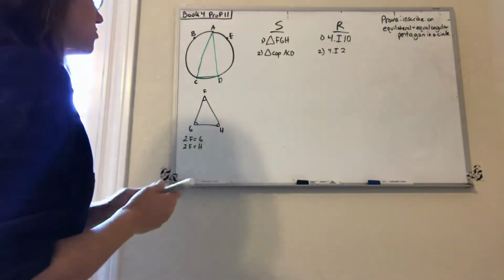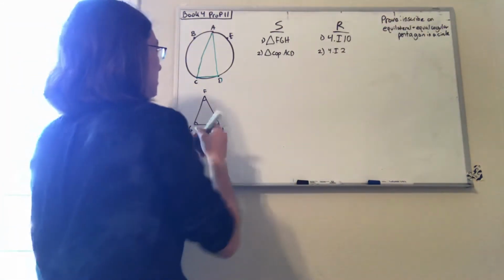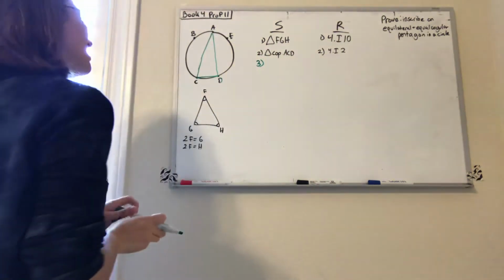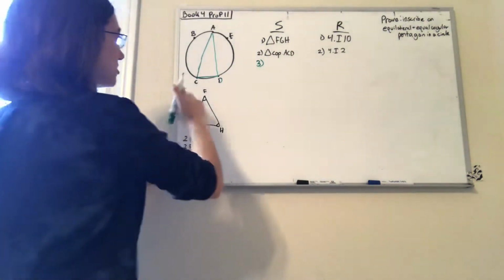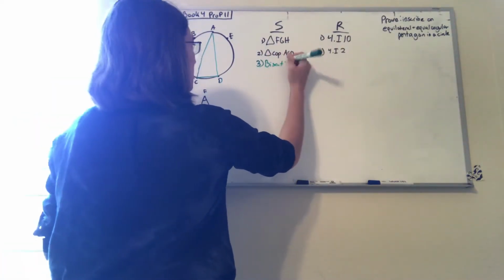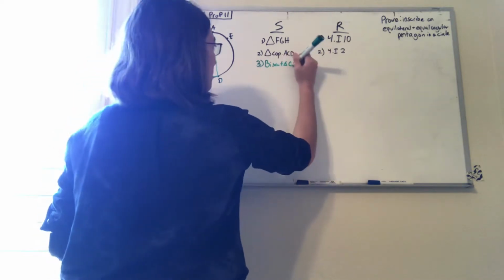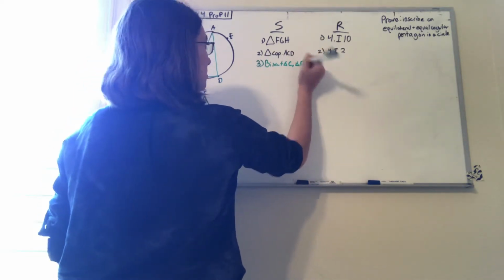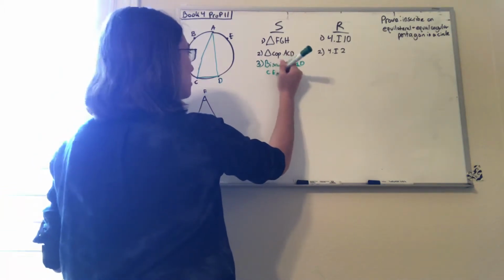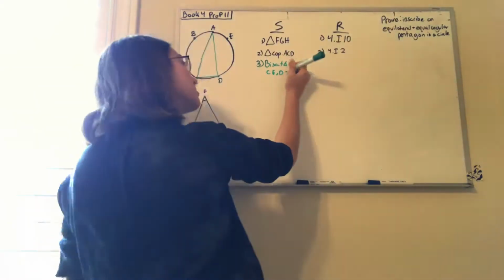Now the next step, step number 3, we're going to be doing green. We bisect angles C and D, making lines CE and DB.